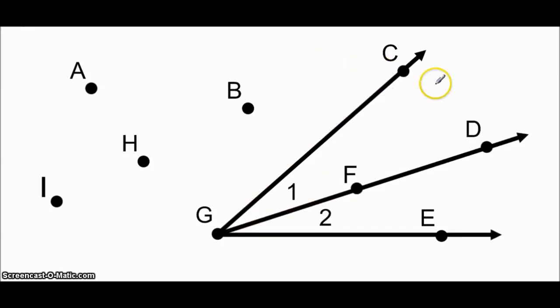Now some books like to do this. They like to put a number inside of an angle to kind of make it easier to notate. So this angle right here, normally I would call CGF, it would be CGD, doesn't matter.